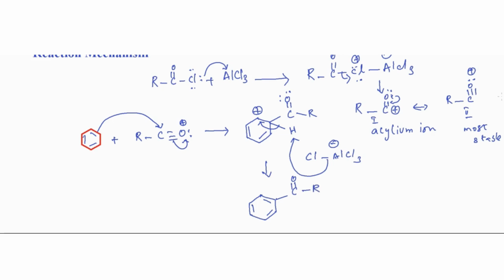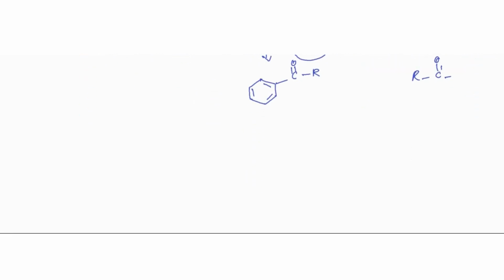We are going to discuss one more method to introduce this acyl group, RC double bond O. Previously we used acyl chloride, but we can use carboxylic anhydride also. So the general structure of carboxylic anhydride is this one.